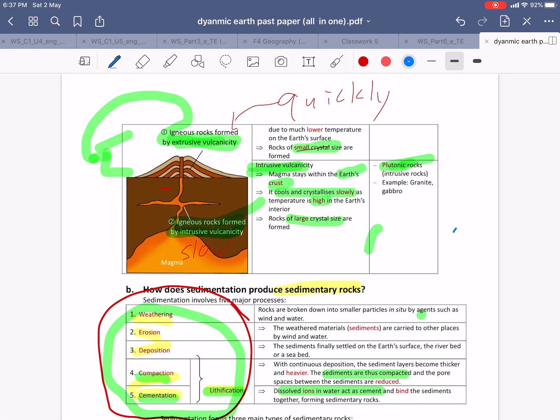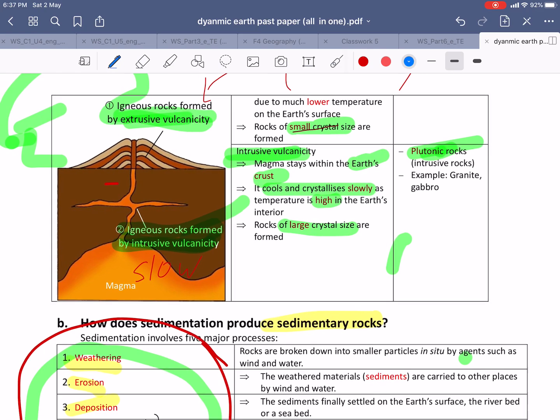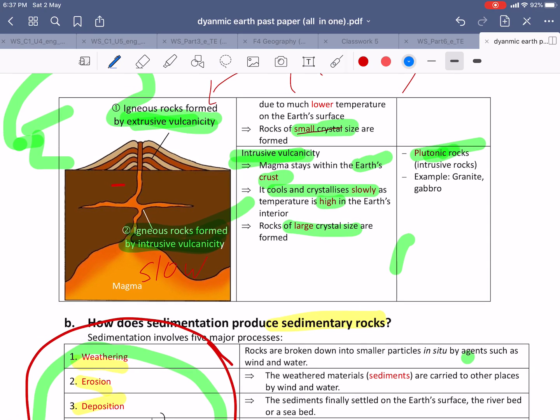As I have said before, extrusive volcanicity and intrusive volcanicity can form extrusive igneous rock and intrusive igneous rock. And bear in mind, fast cooling and solidification will cause smaller crystals.